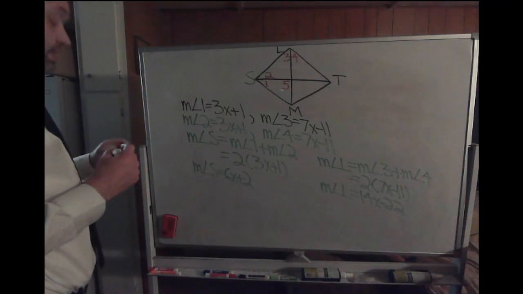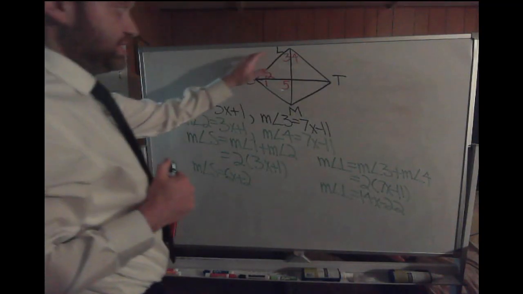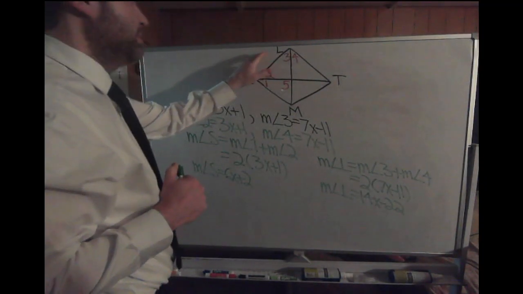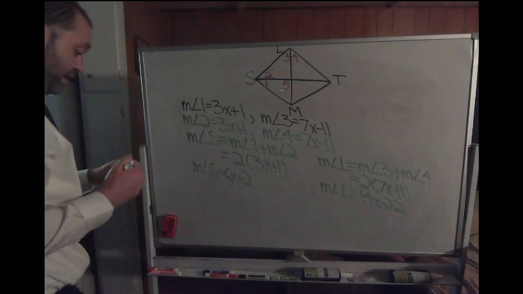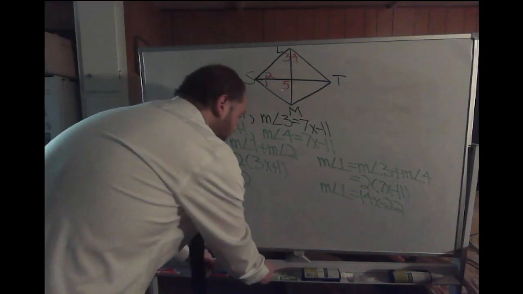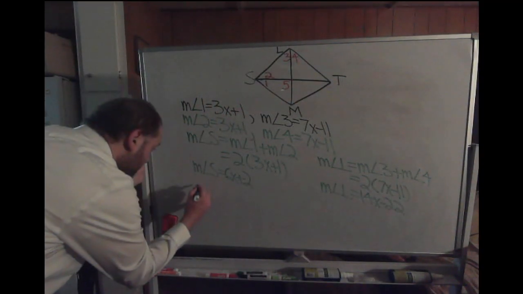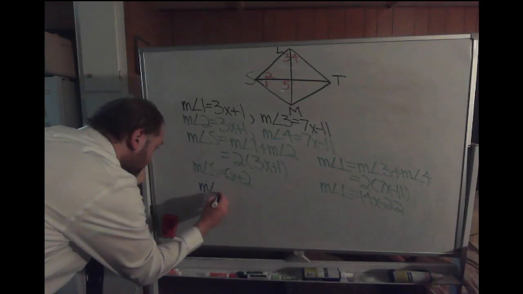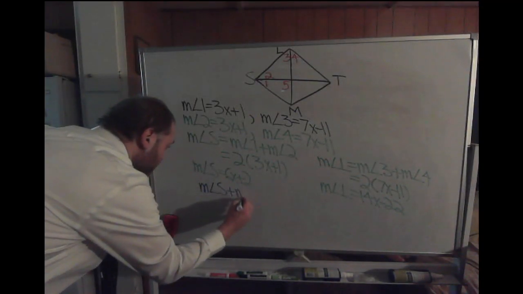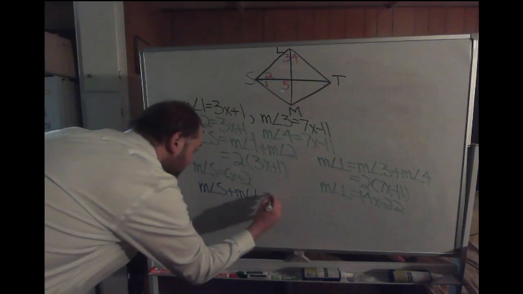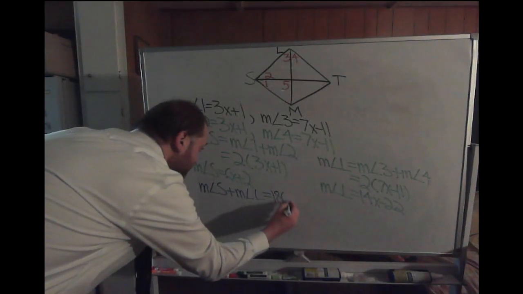And then we know that S and L are same side interior angles to this rhombus, meaning that they're supplementary. So where we're going from here now is to add those two angles together. Measure of angle S plus the measure of angle L equals 180 degrees.